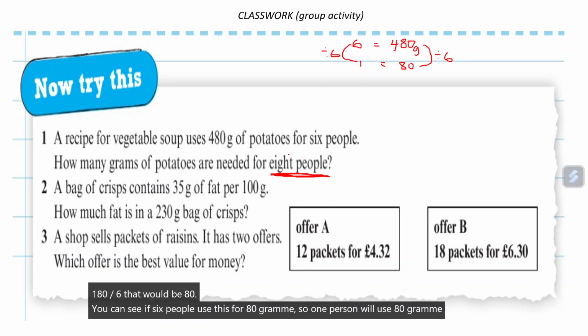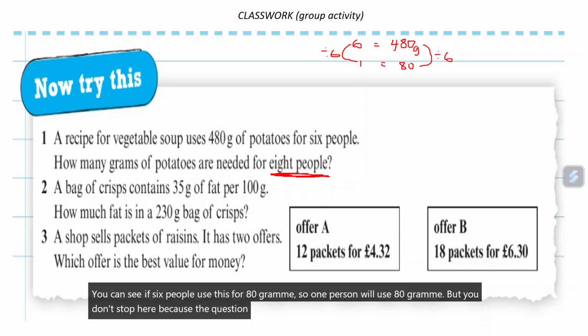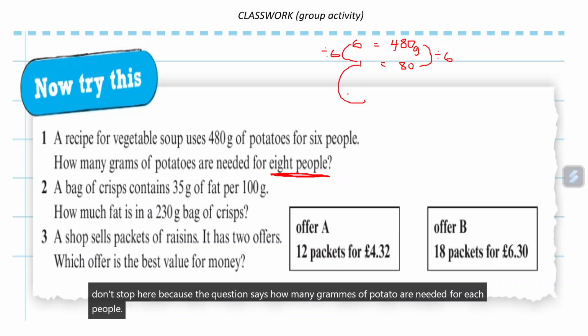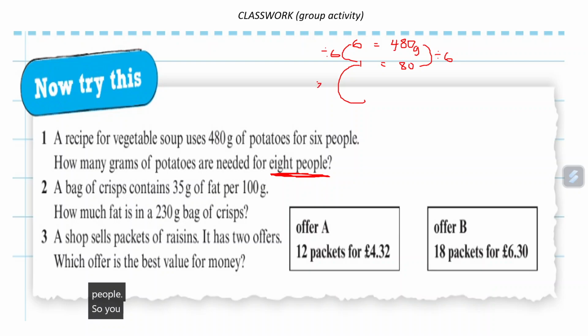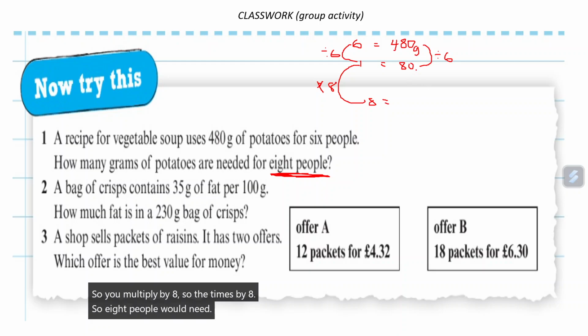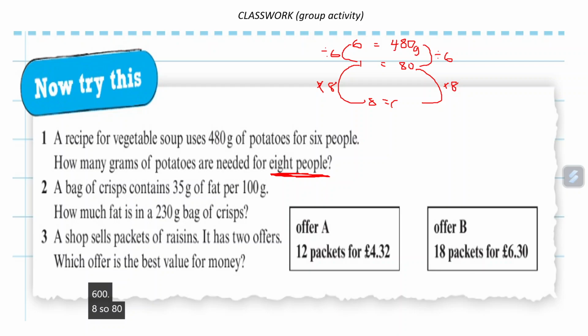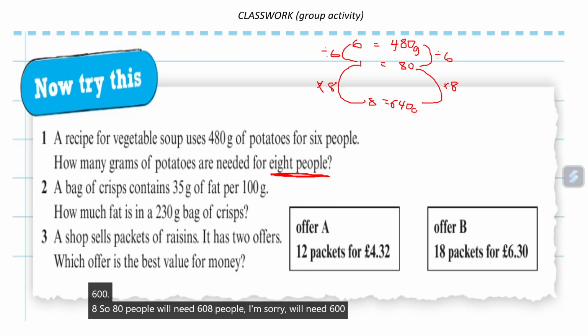But you don't stop here because the question says how many grams of potato are needed for 8 people. So you multiply by 8. So 8 people will need 80 times 8. 8 people will need 640 grams of potato.